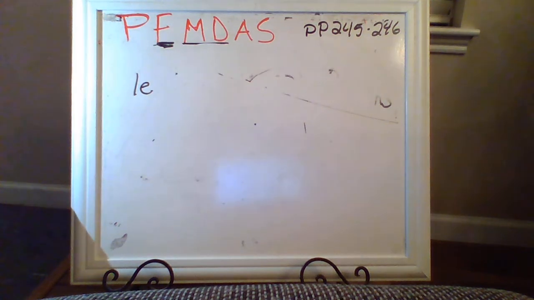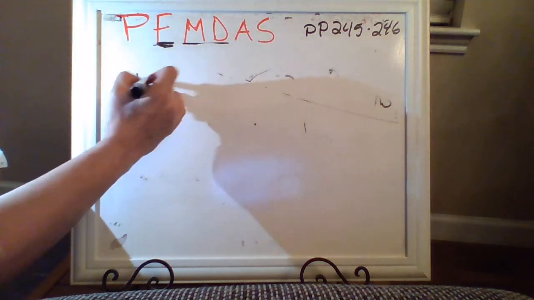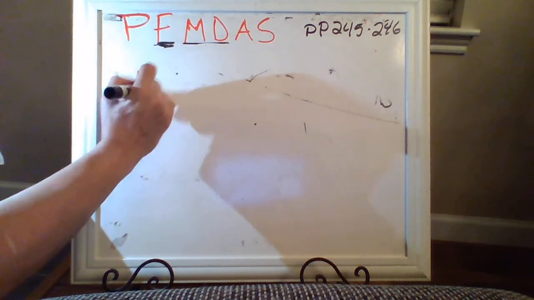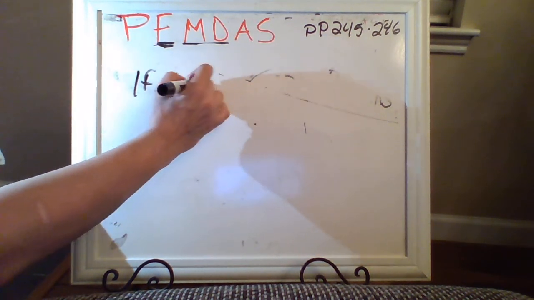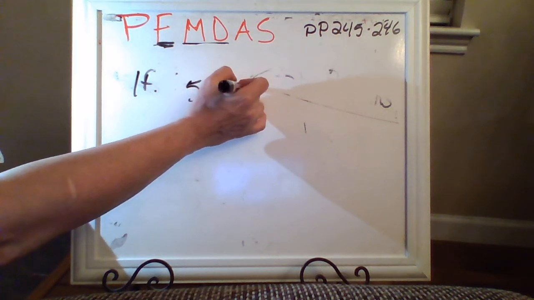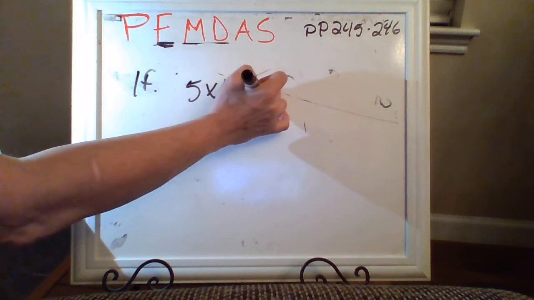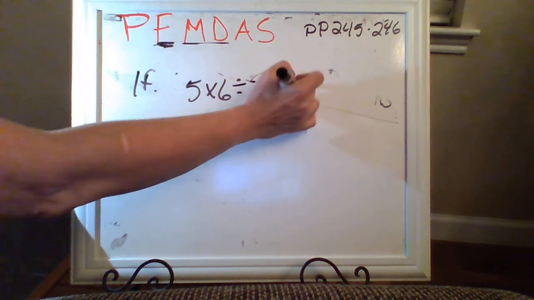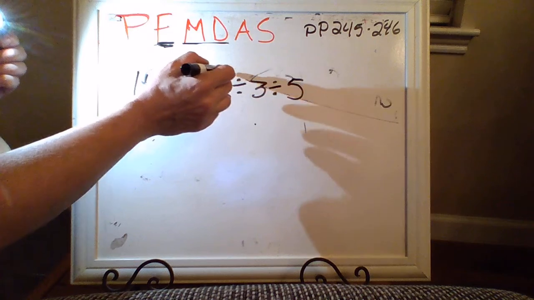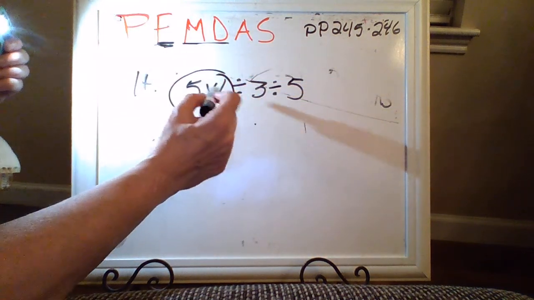Okay, let's look at 1F. 1F is 5 times 6 divided by 3 divided by 5. So the first step I'm going to do left to right is this one.